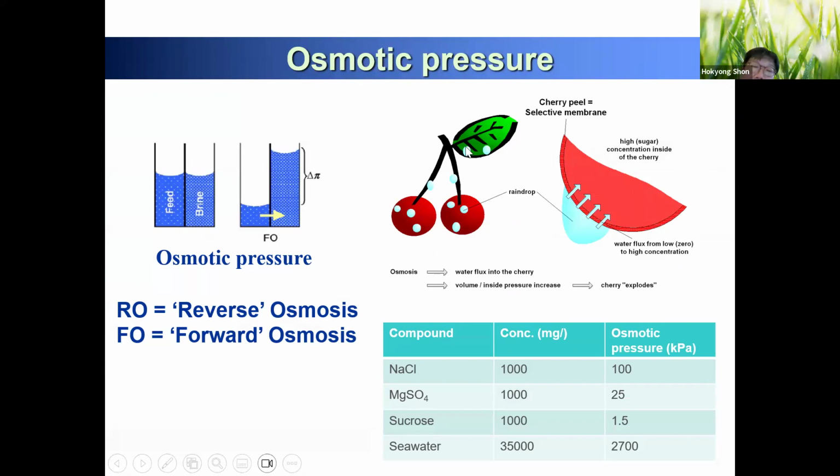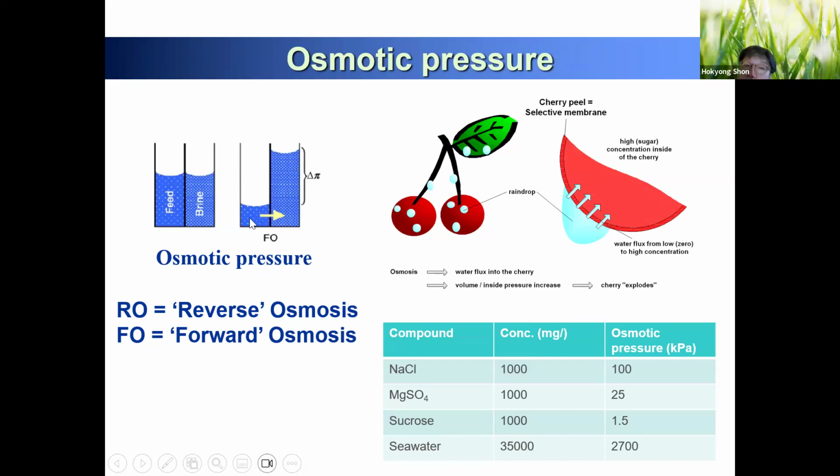Osmotic pressure. So you have a feed water here and brine. The brine has a very high salt, which means your osmotic pressure is high. Let's say this is the membrane in between. This is high concentration, so you have high osmotic pressure. Water molecules will pass through your membrane because of the delta pi, which means the osmotic pressure difference.